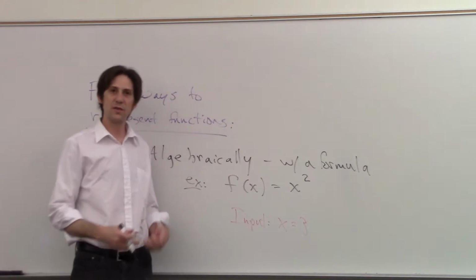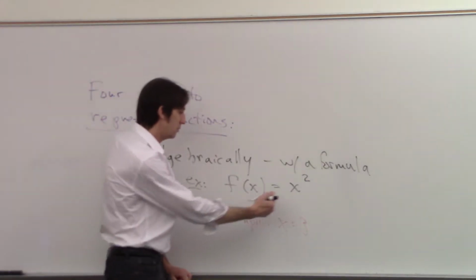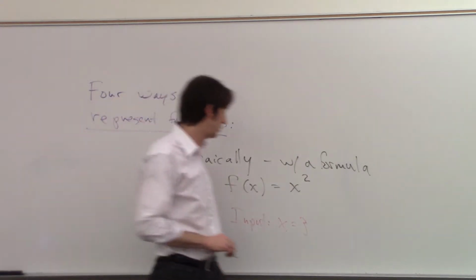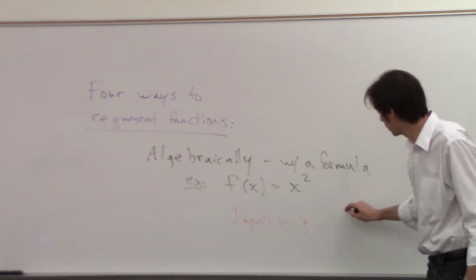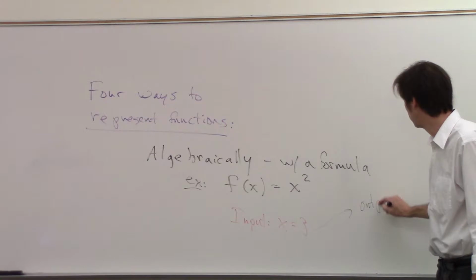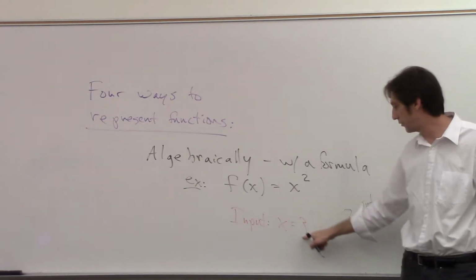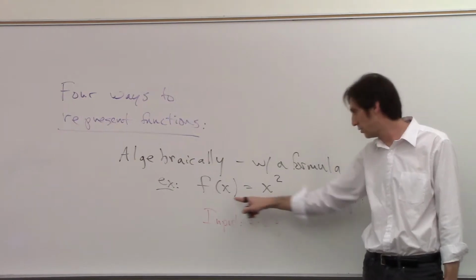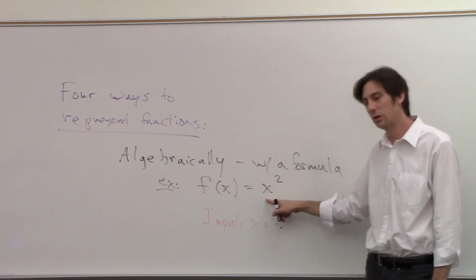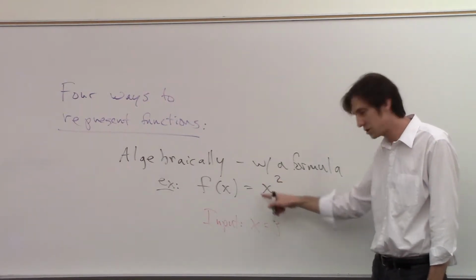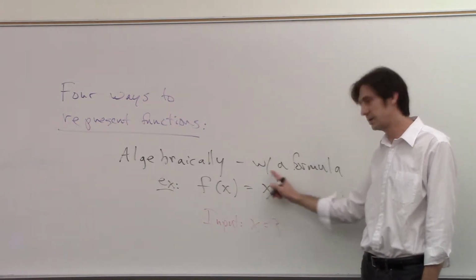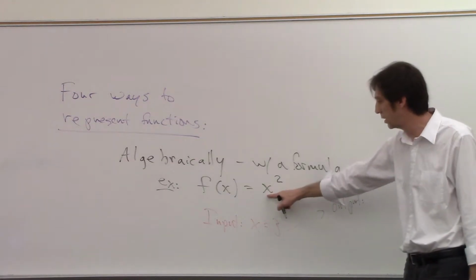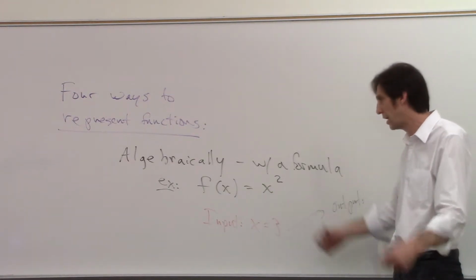And then the function, the rule, this expression right here, really tells me what to do with this input. In other words, if I want to get an output, I should take x equal to 3, plug it into my formula wherever I have an x, and then this expression on the right-hand side of the equation really tells me what to do with that input. It tells me take 3 and square it. In other words, multiply 3 by itself.